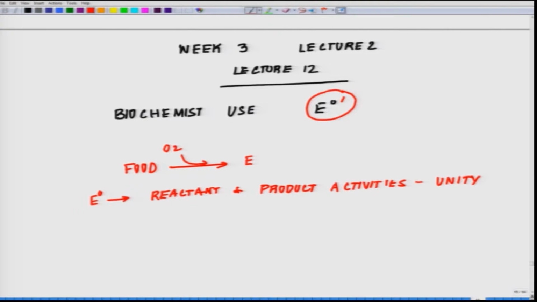And if H plus is involved in the reaction, E0 applies when pH is equal to 0, or in other words, a H plus equals 1. So, whenever H plus appears in a redox reaction, or whenever reactants or products are acids or bases, reduction potentials are pH dependent. This is one catch which I wanted to bring to your notice.